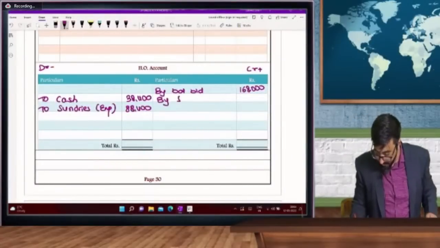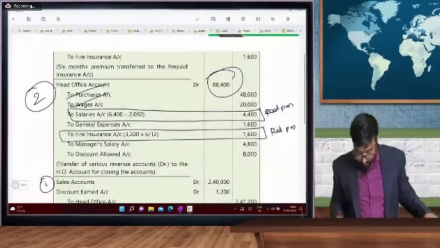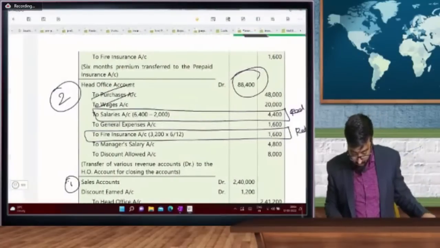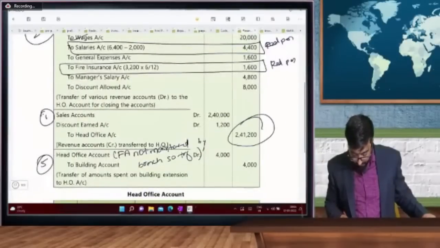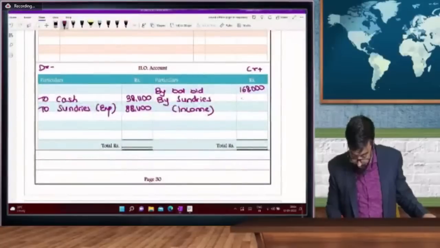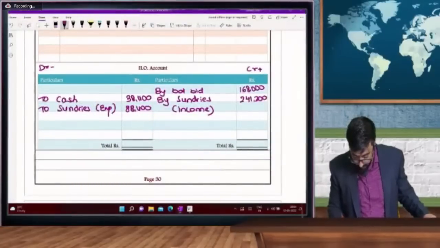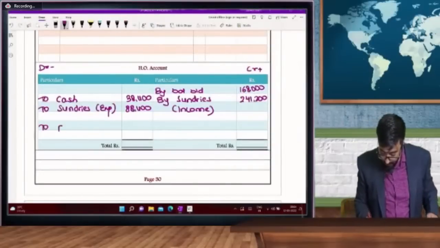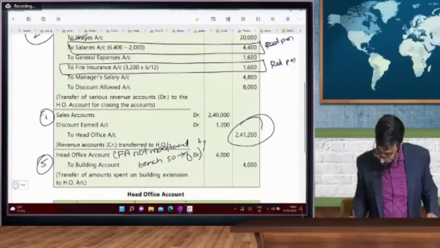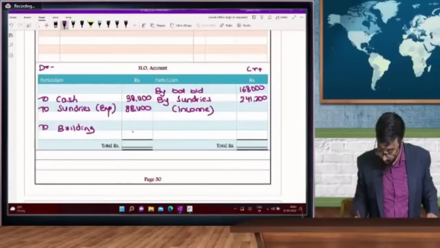And by sundries, income 241,200. And HO to building beta 4,000.